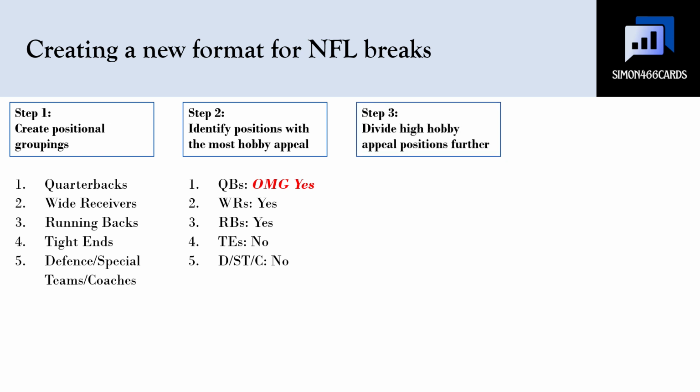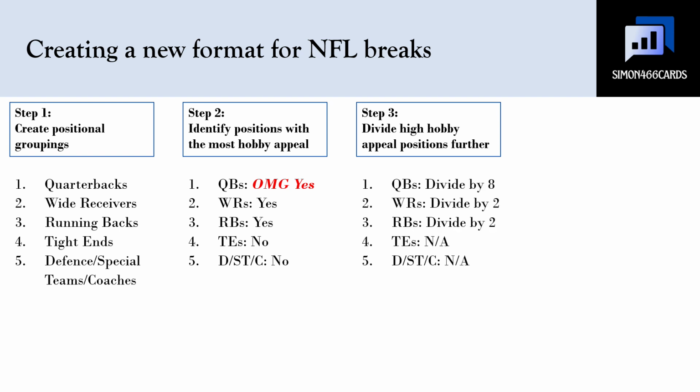Now, we need to divide the positional groups based off of the hobby appeal. So I would say quarterbacks, you probably need divided by 8, whereas wide receivers, running backs, you probably just need to cut them in half. And then tight ends and defense, special teams, you don't need to divide them at all because nobody cares about most of these players, right? And so that leads to the new format that I'm talking about.